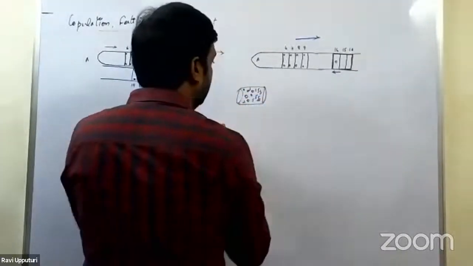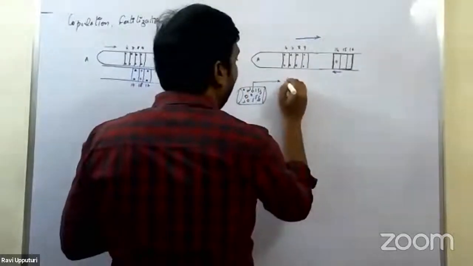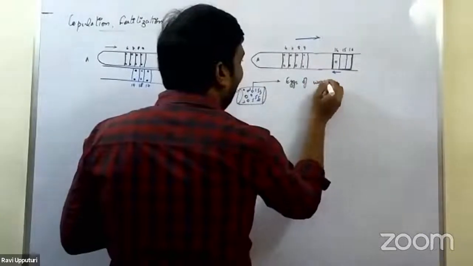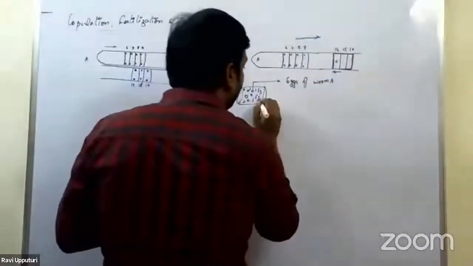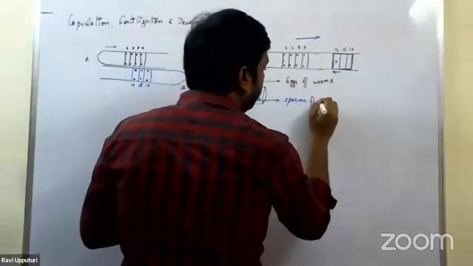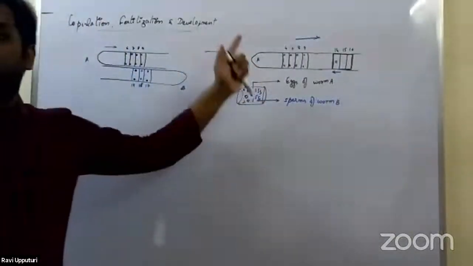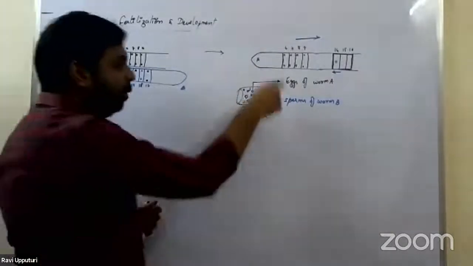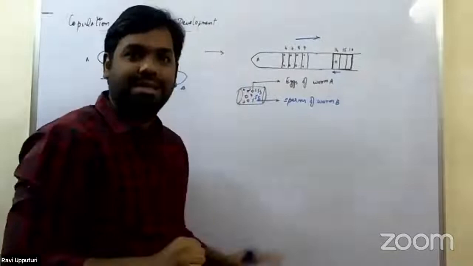The ovum will be of worm A, so they will have eggs of worm A, and they would have sperms of worm B. So eggs are of worm A, sperms are of worm B. Now between these eggs and the sperms, there would be fertilization happening.